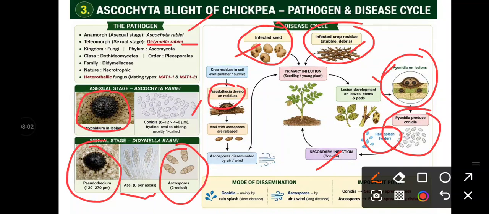So the mode of dissemination is mainly by conidia, and the agent is rain splash, that is for the short distance. In case of ascospores, the agent is air or wind, and it is for long distance dispersal.